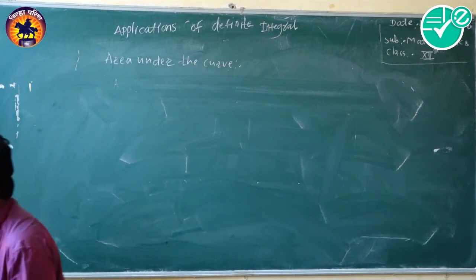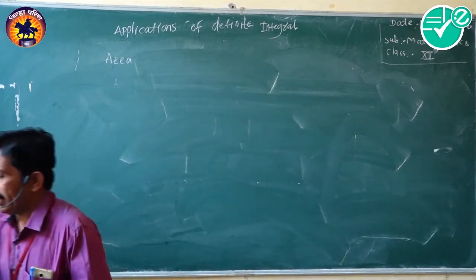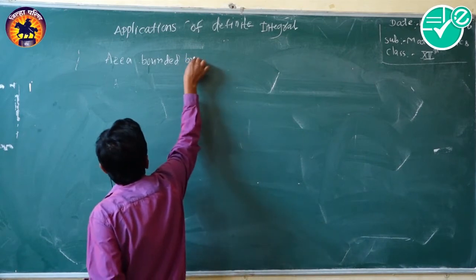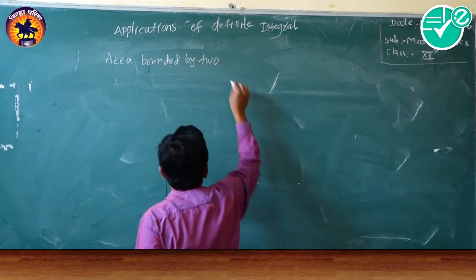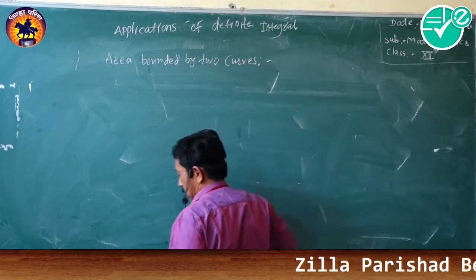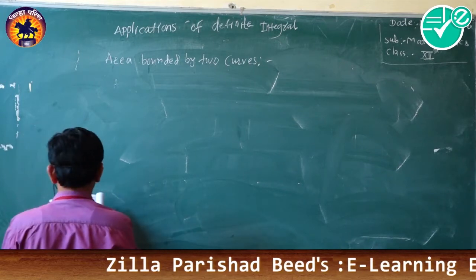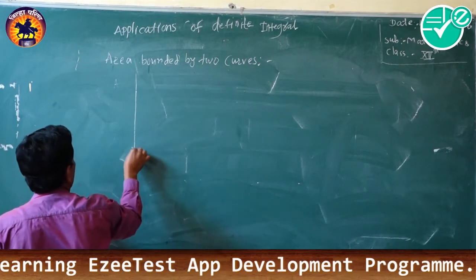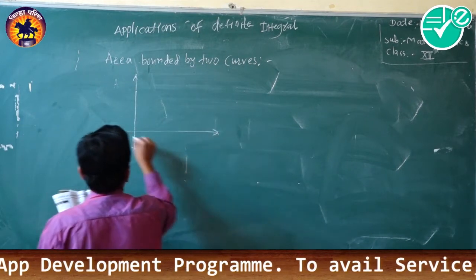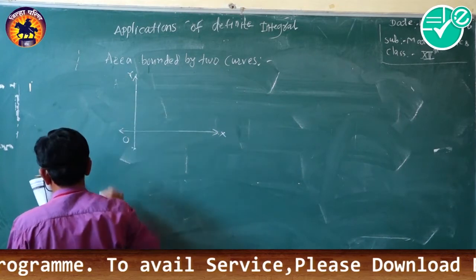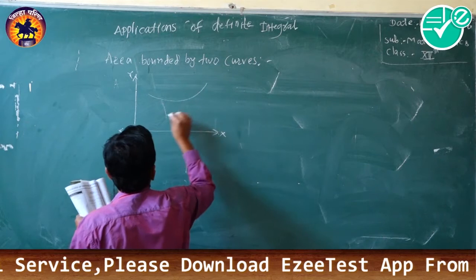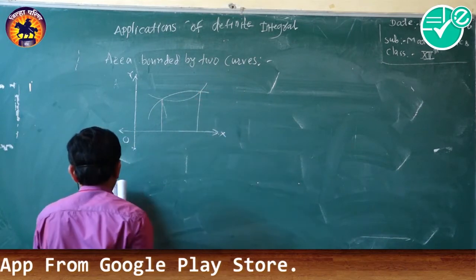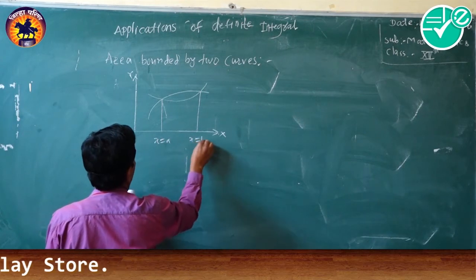Area bounded by two curves. Suppose we are given these two curves, with points of contact x is equal to a and x is equal to b.